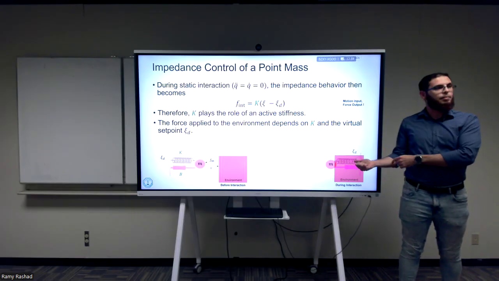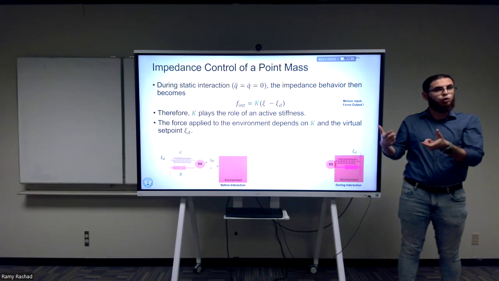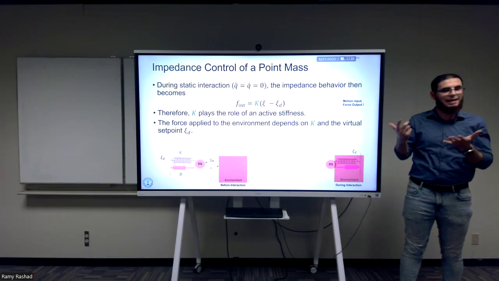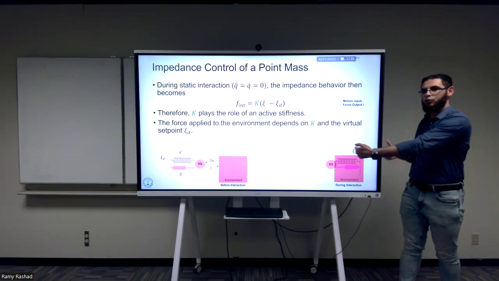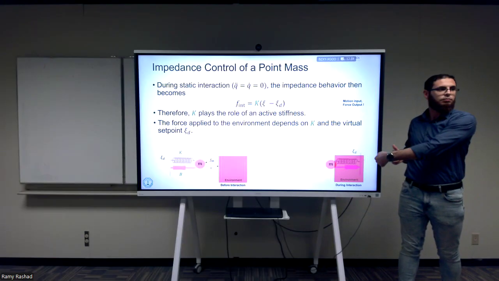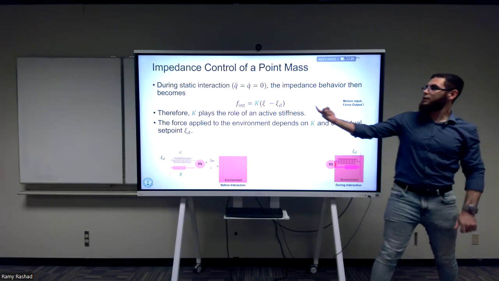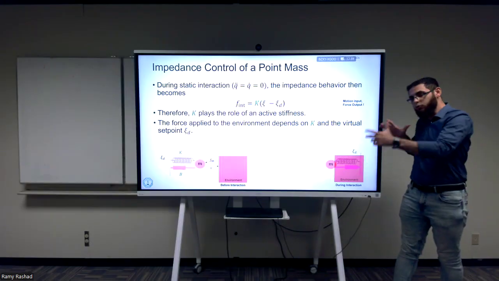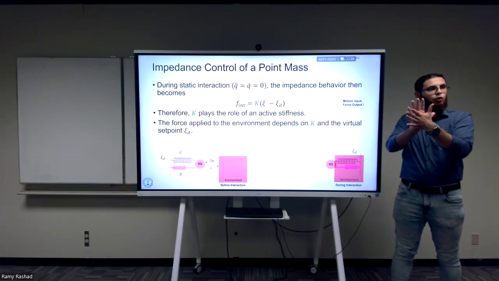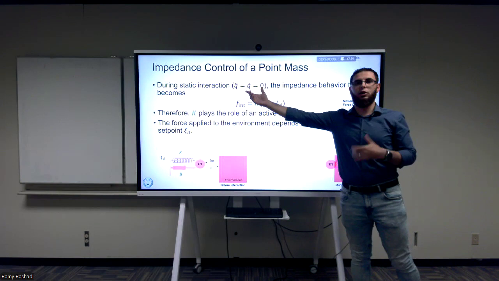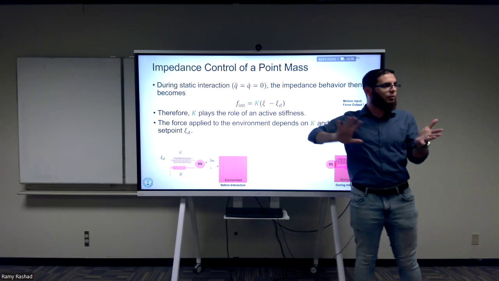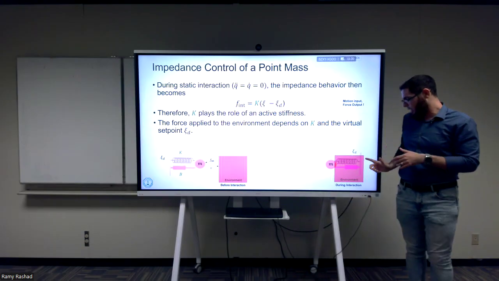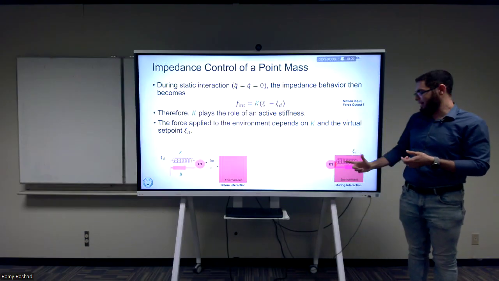If the gain of the stiffness that I have inside of the controller, remember, this is a controller, okay? That it's simulating a controller, this K. If I make it higher, what is happening to the force applied to the interaction? It's getting also higher. So you see, in the end, when we're looking at the static interaction case, so we're now at a contact phase and we're not moving a lot. So Q and Q dot and Q double dot are zero. So we're not moving at all, no acceleration and no velocity between the psi desired and the actual mass.